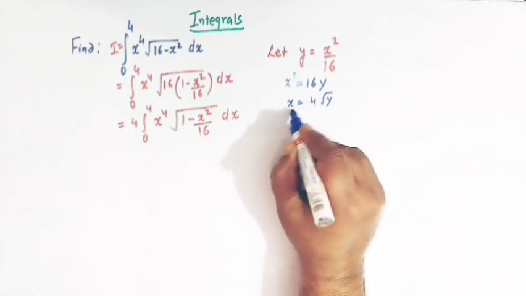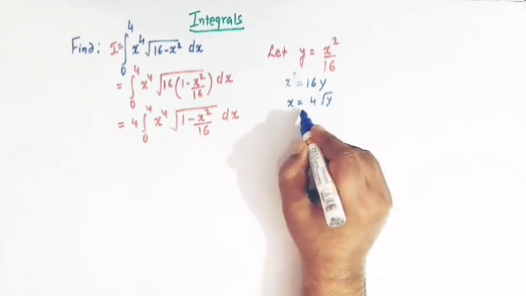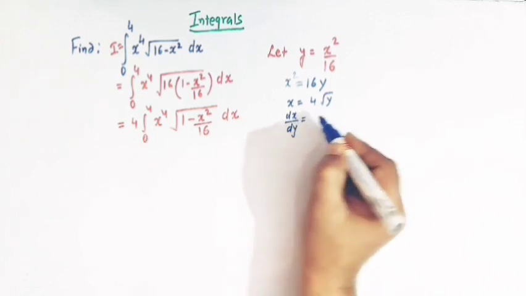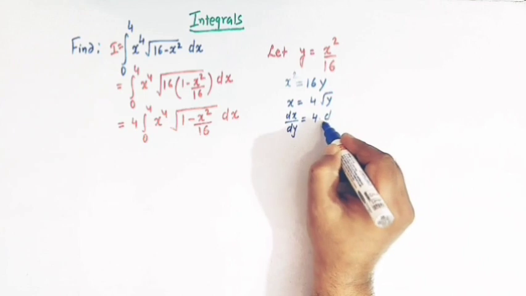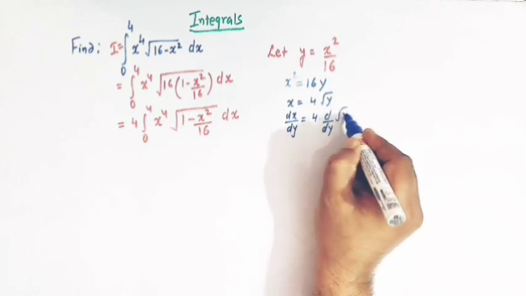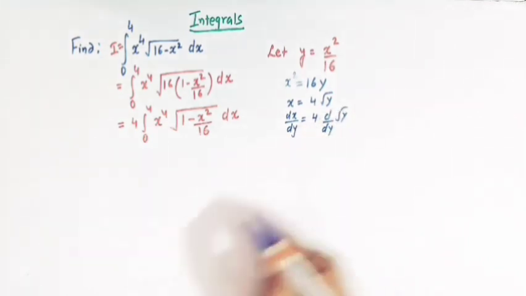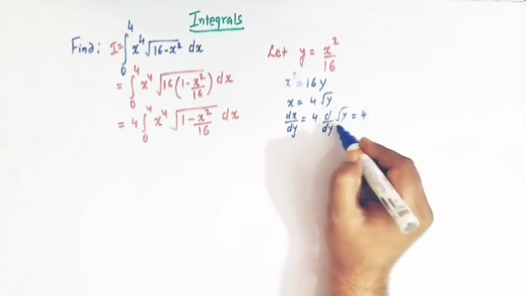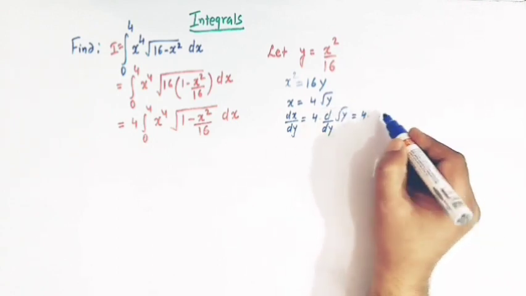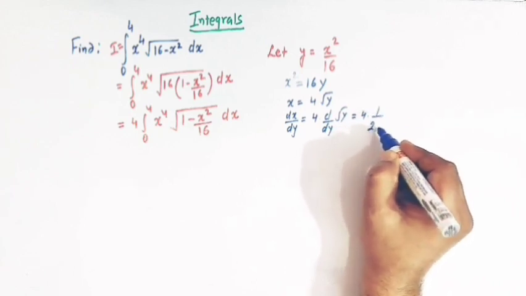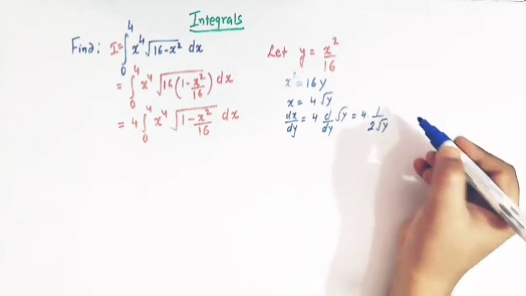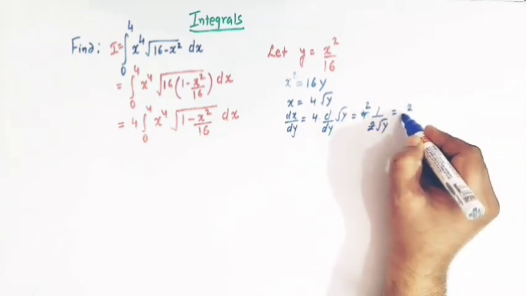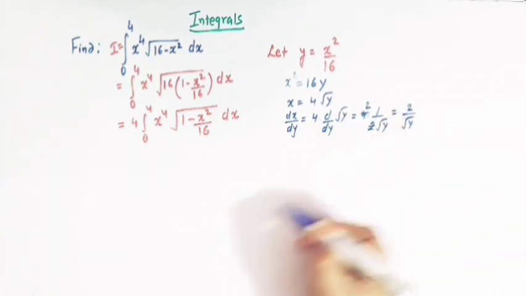Okay, now let us differentiate both sides with respect to y. So we have dx over dy is equal to 4 times the derivative of square root of y with respect to y, right? So this is 4 times the derivative of square root of y, which is 1 over 2 times square root of y, right? So this is 2 2s are 4, so we have 2 over square root of y, right?